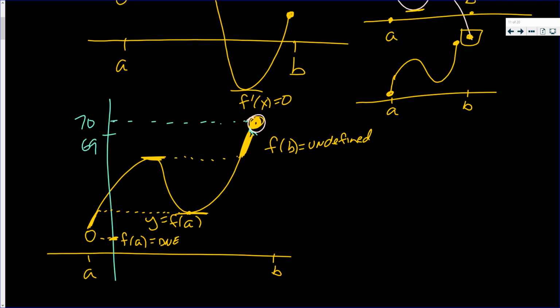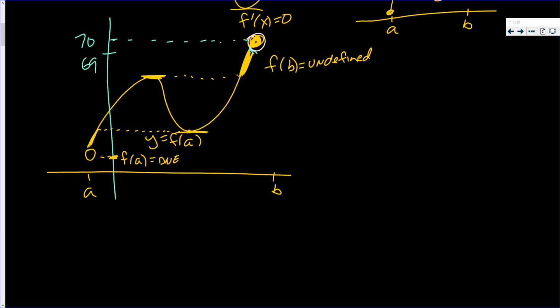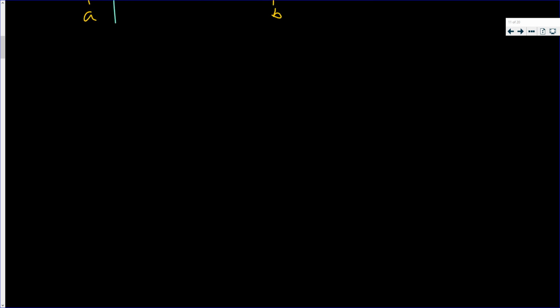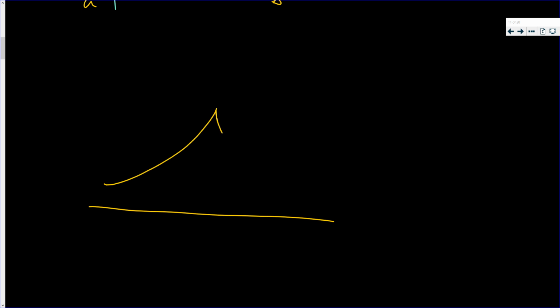So the extrema can only occur at an endpoint, or where the derivative is 0? Maybe not. What if you have a function that goes like this? It'll be filled at A, it'll be filled at B. Well, the max is right there.